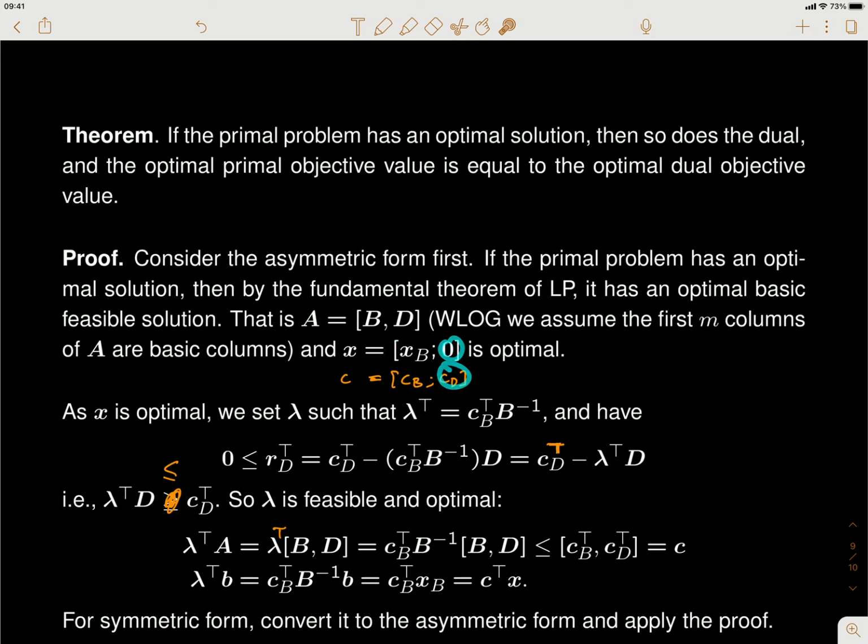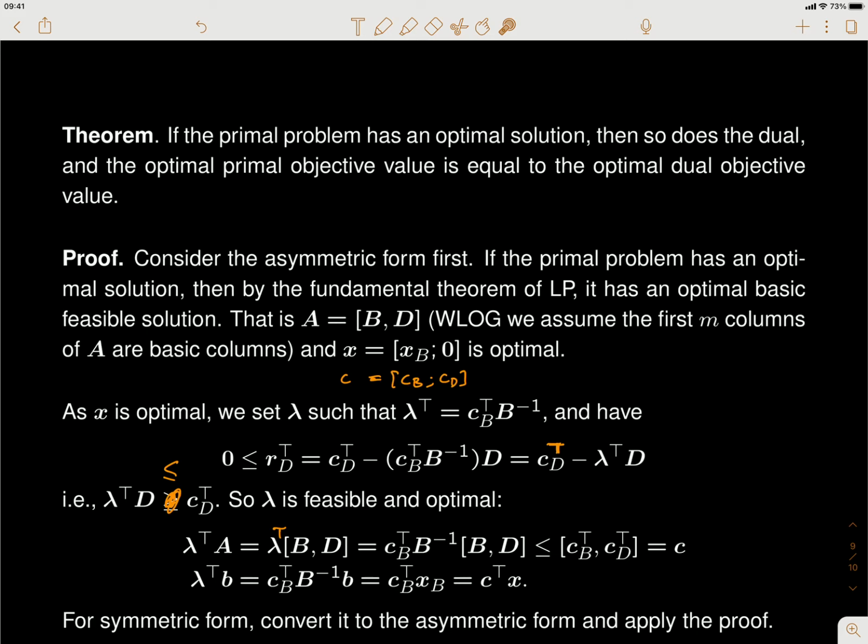When I multiply these two together, it's just giving me 0. So that's just this. After this, we can show that lambda transpose B is just equal to C transpose X. And that means this lambda is also optimal. So this proves the case for the asymmetric form.